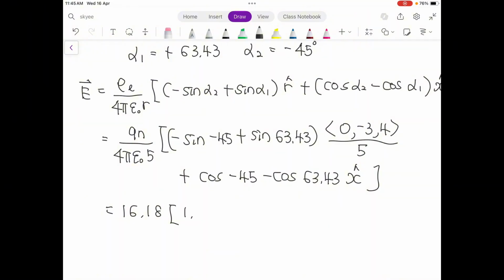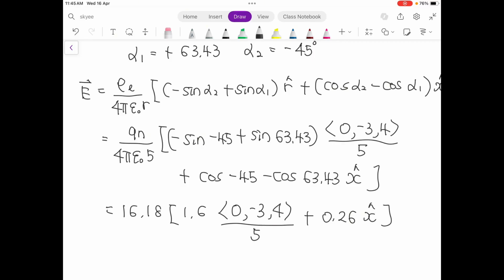So we have 1.60, and then the vector (0, negative 3, 4) over 5, and plus this is cos, which is 0.2226x.